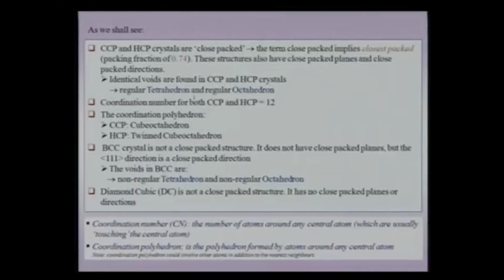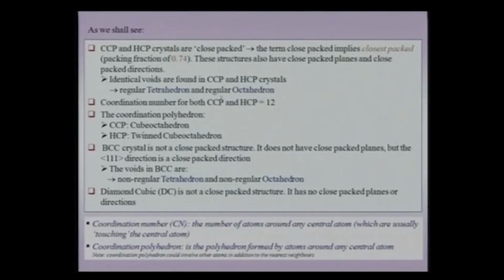The coordination number, as we shall see, is the number of atoms surrounding any central atom which are usually touching the atom, and in some cases they may not be actually touching it, because the coordination polyhedron is a polyhedron formed by atoms around any central atom, and it could involve atoms other than the nearest neighbors.